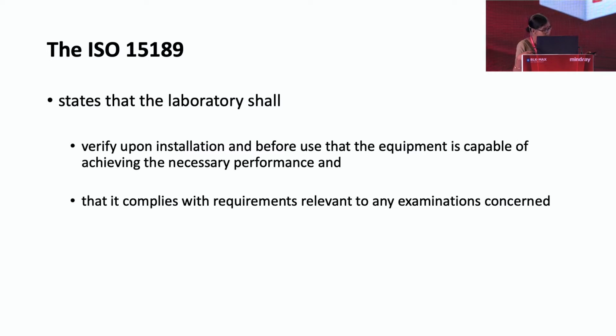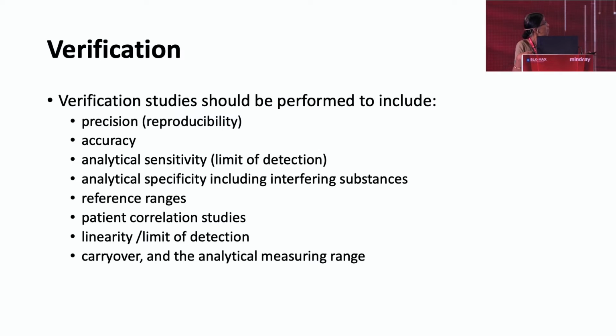This is very important. So the ISO 15189 states that the laboratory shall verify upon installation and before use that the equipment is capable of achieving the necessary performance and that it complies with the requirements relevant to any examination concerned. So the verification process should be performed.